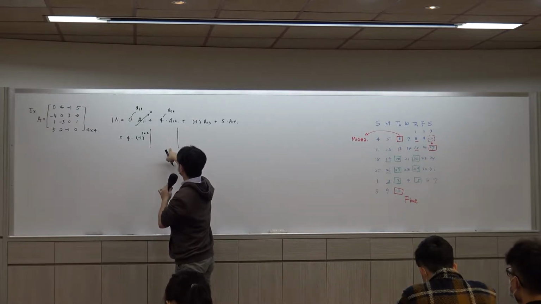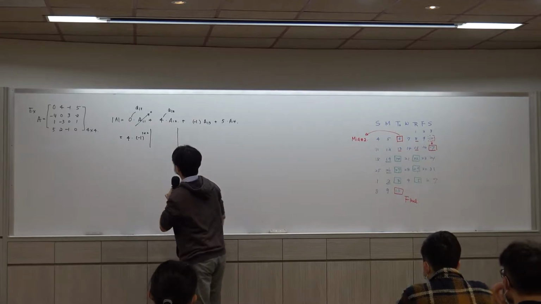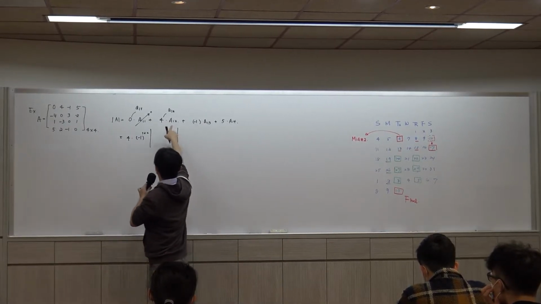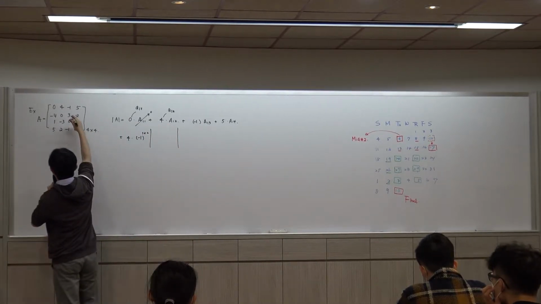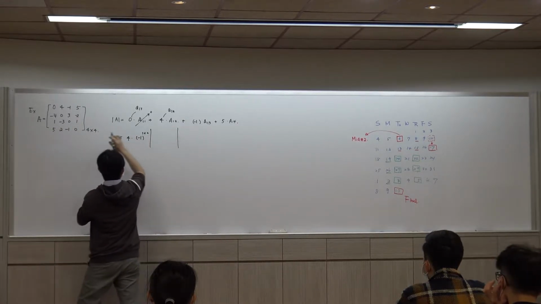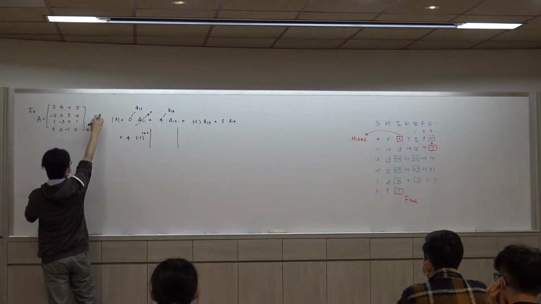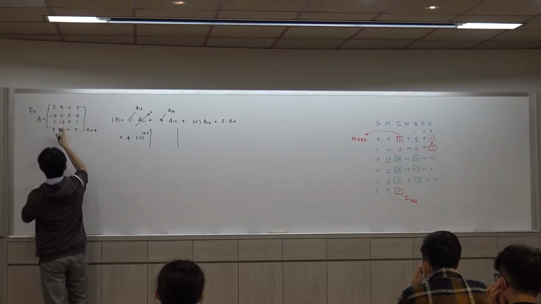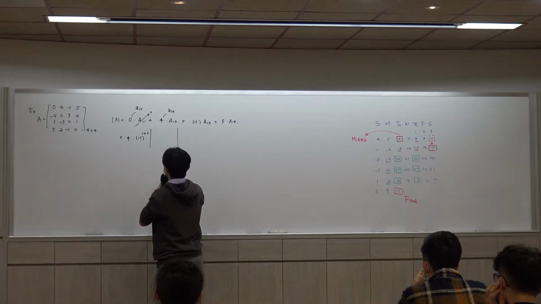And the determinant will be that of the matrix obtained by removing the first row and the second column.